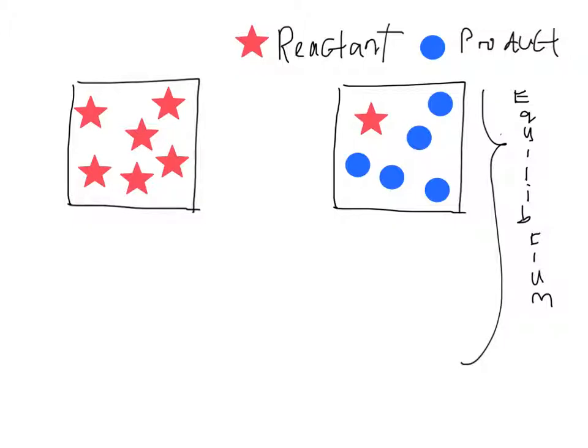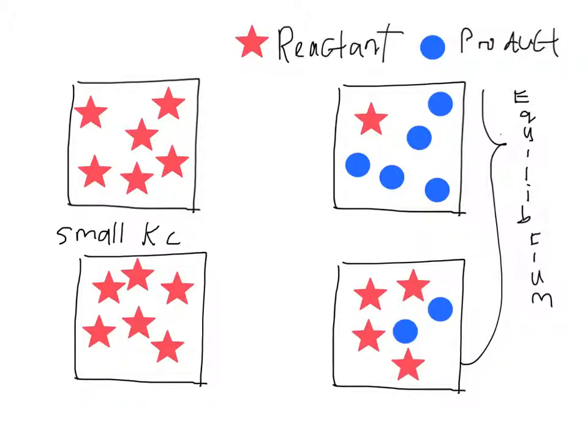In another scenario, you start off with the same amount of reactants, but once you reach equilibrium, see what happens. You only have 2 products. The remaining ones are still your reactants. So your equilibrium constant is pretty low, mainly because you have very little product over a large number of reactants.